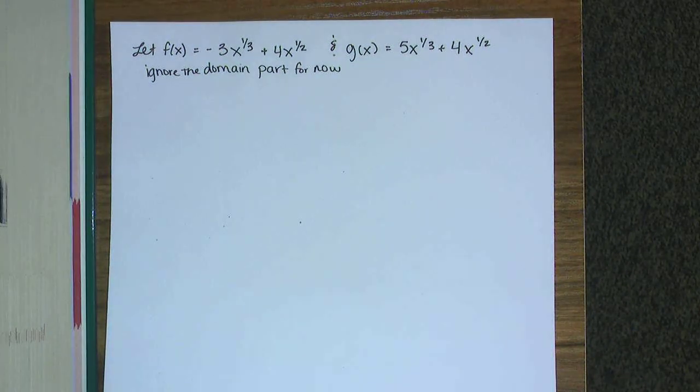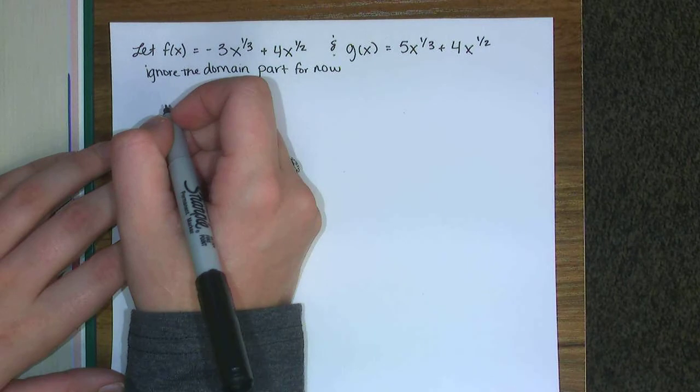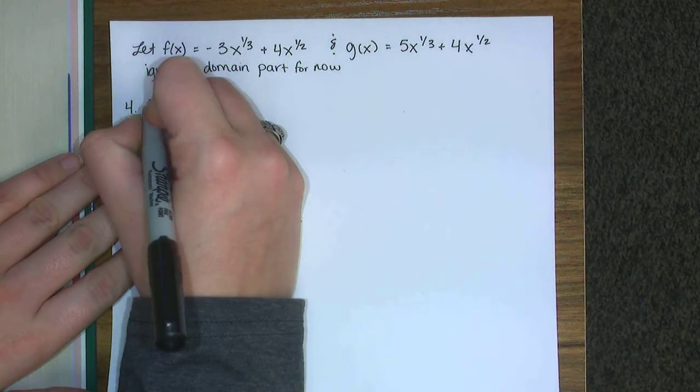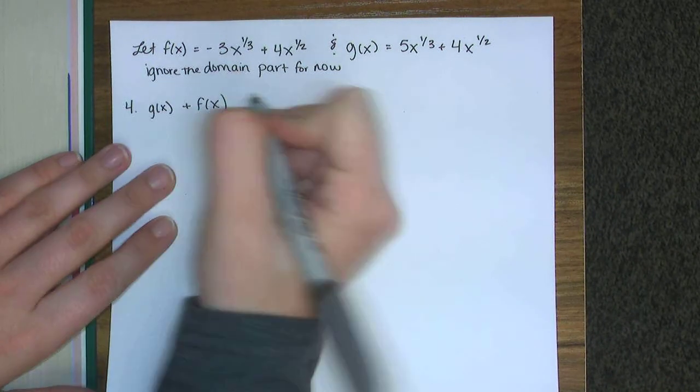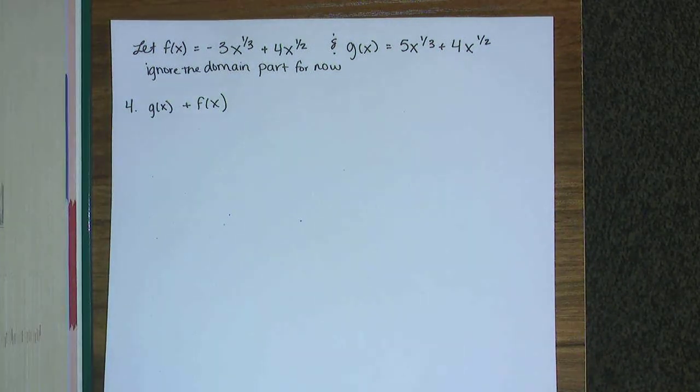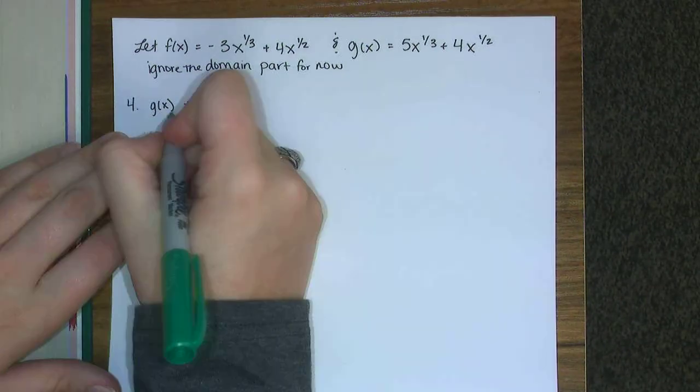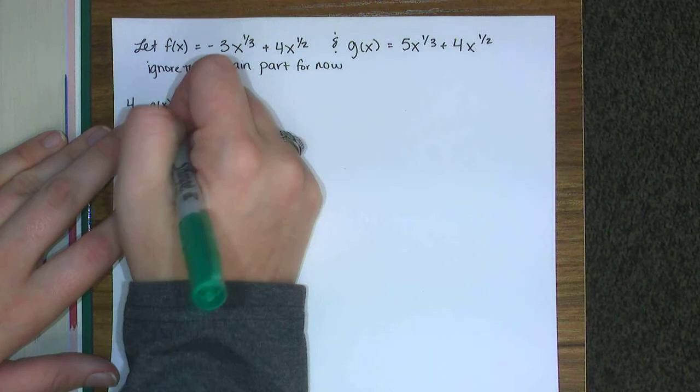Let's look at something like number 4. This says g of x plus f of x. So what they want us to do is add f of x and g of x together. I'm going to write down g of x first, though it doesn't really matter because I'm adding: 5x to the 1/3 plus 4x to the 1/2.